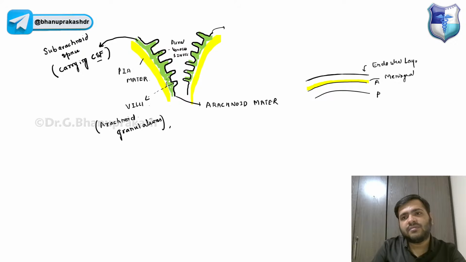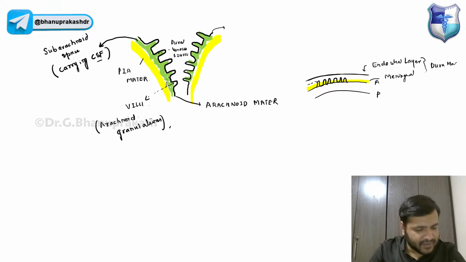I will be teaching you this also. So the dura matter has these two layers, and between them we have the dural venous sinuses. The arachnoid matter gives these finger-like projections to send the cerebrospinal fluid directly between the meningeal and the endosteal layer.